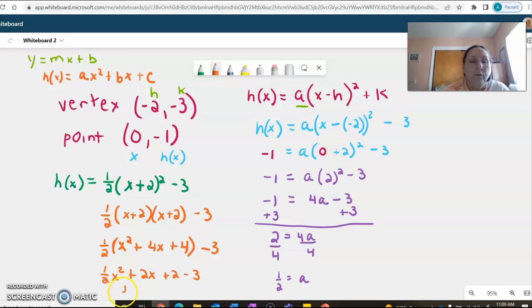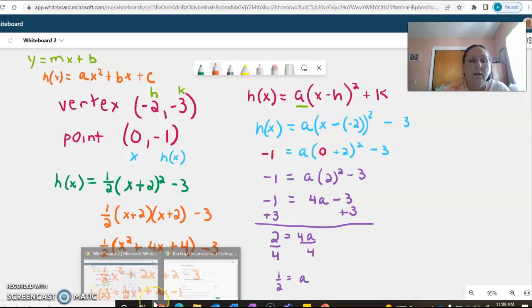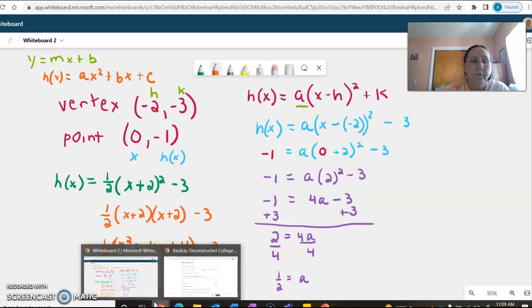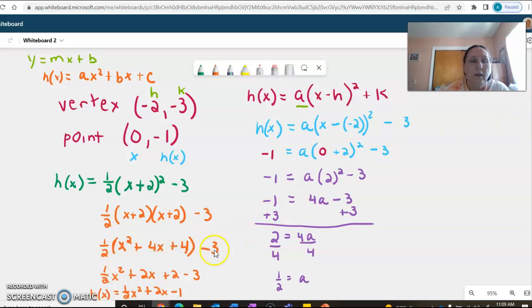And now it's 1/2 x squared plus 2x minus 1, because I combined those two. So this h of x equals that, and that's our equation. So that's our final answer right there.